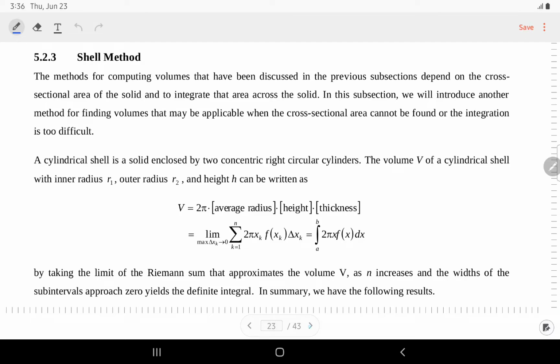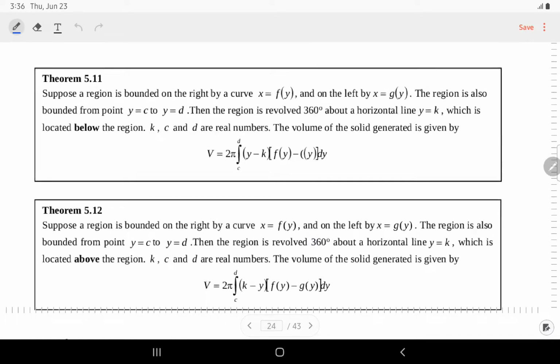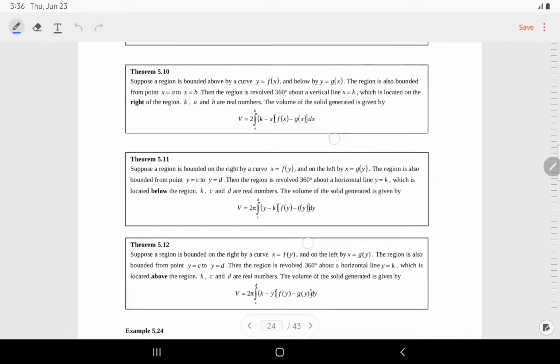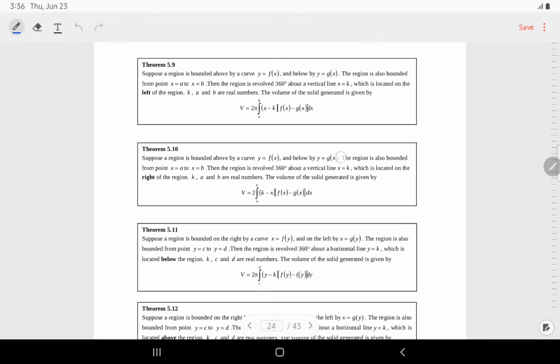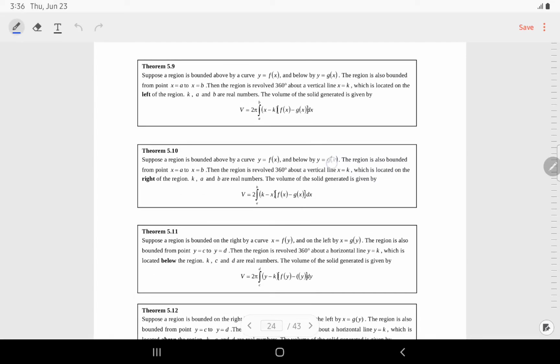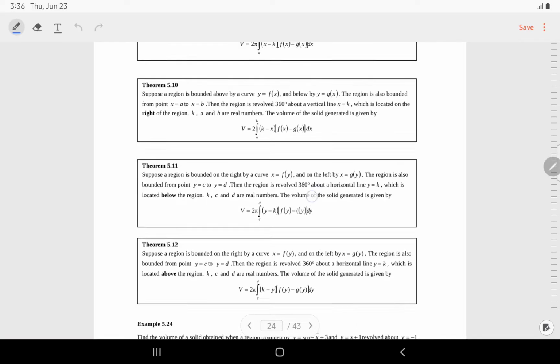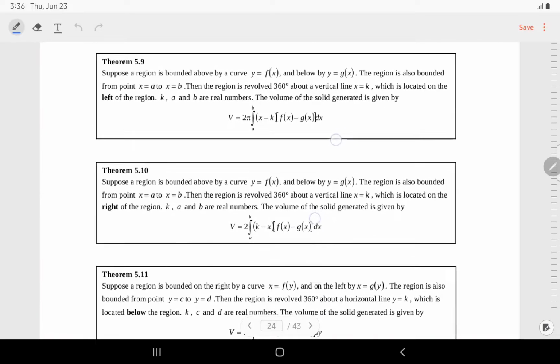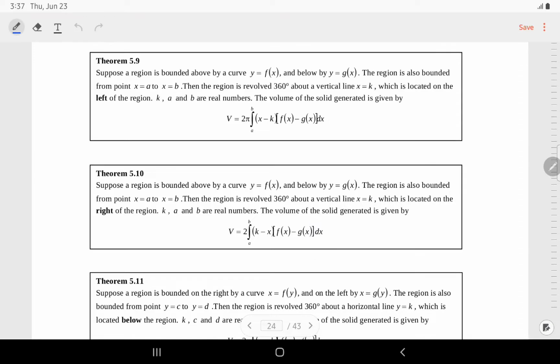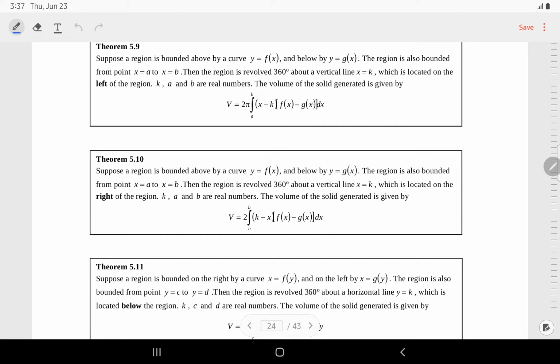In the shell method we have four different formulas, stated in theorems 5.9, 5.10, 5.11 and 5.12. Let's take a look at them one by one. Theorems 5.9 and 5.10 are similar because they involve integration by dx.